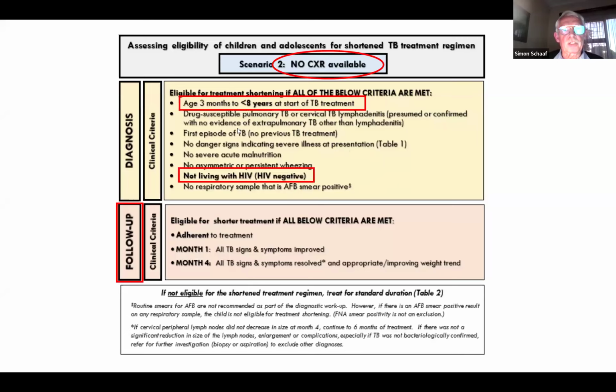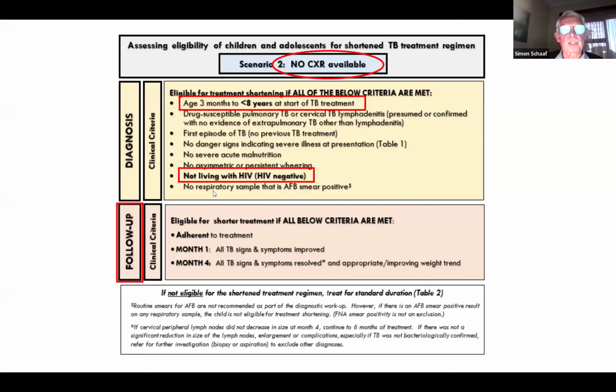All the others are the same except for children living with HIV. We have excluded them because we cannot, without a chest X-ray, judge fairly what is going on in the chest of these children. But for the rest, it's the same as with the X-ray available.